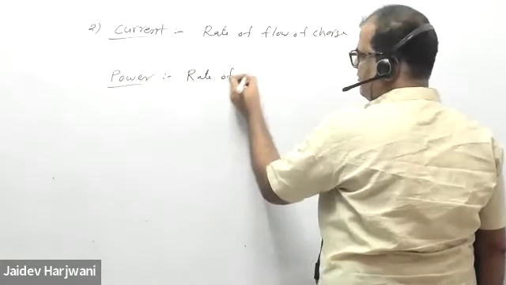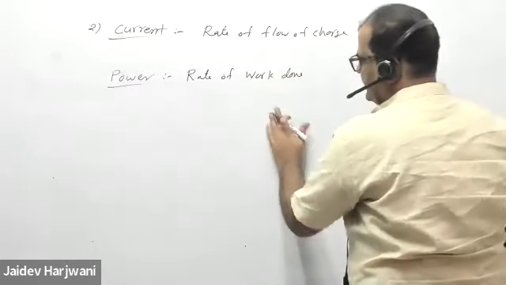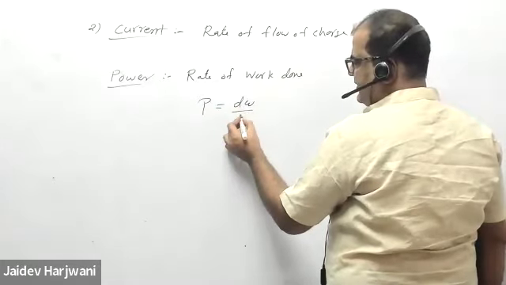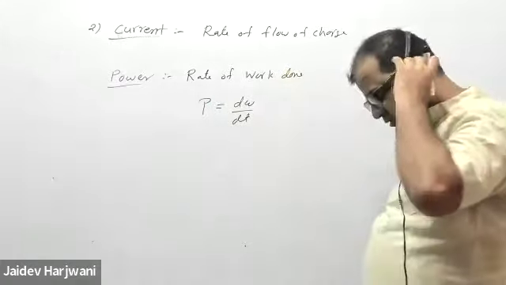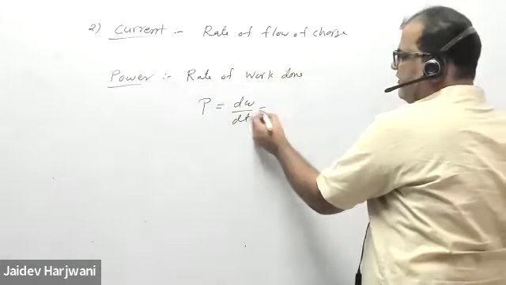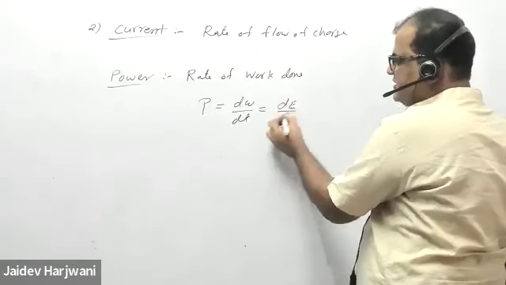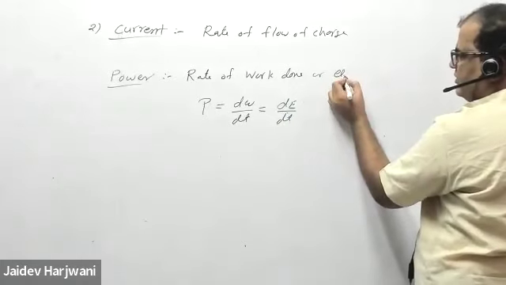Power is dW by dt, or the rate of energy flow. Generally we write this as dE by dt, where E is energy. Power is the rate of work done or energy flow.